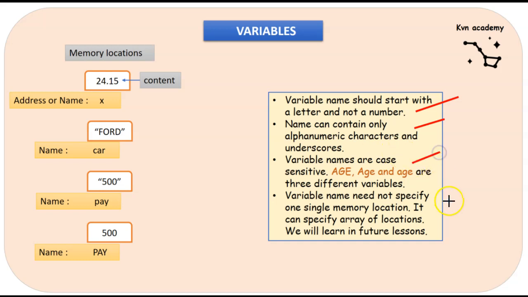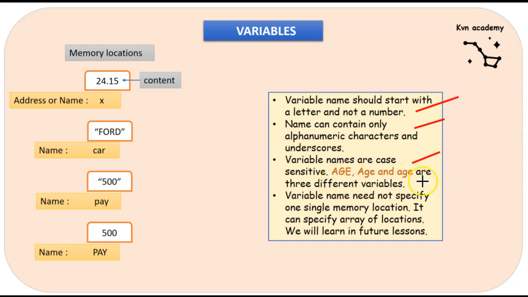And the third rule says that here are three variables: AGE written in capital letters, Age with only the first letter in capital, and age with all letters small. These three names or these three variables indicate different memory locations or different values.